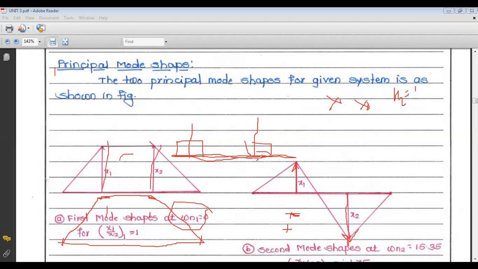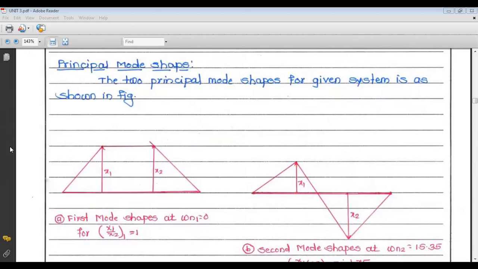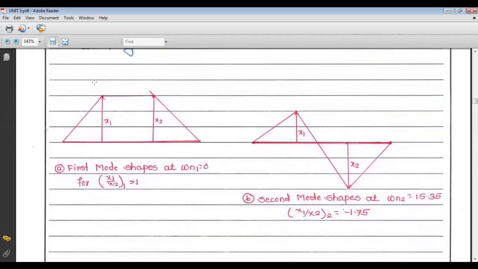So these are the mode shapes for this example. This diagram shows the mode shape when the ratio x1 upon x2 is equal to 1, at natural frequency omega n1 equal to 0.